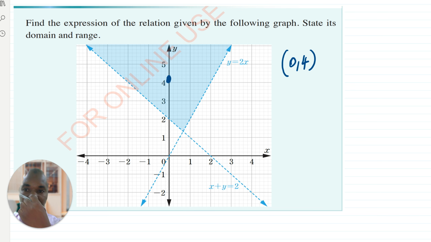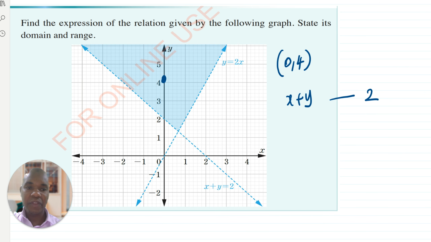So with 0, 4, I'll be checking the first equation, x plus y, then here you have 2. So putting x plus y, you have 0, 4, it means 0 plus 4. We know that 4 is not less than 2, so here actually the sign is going to be x plus y is less than 2.